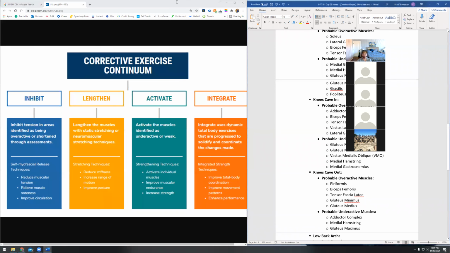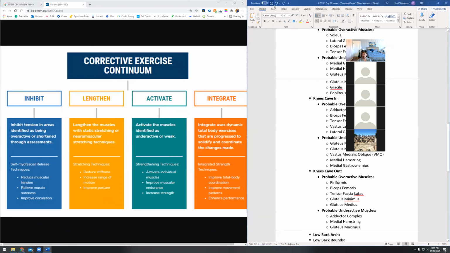You can do manual myofascial release too if you're certified in it, or if you've got the tools and you're allowed to. You can always do massage as well, manual release techniques. But in here, we're just talking about regular old inhibition. You can just guide your client through it with SMR. And so inhibit that tension through self-myofascial release techniques.